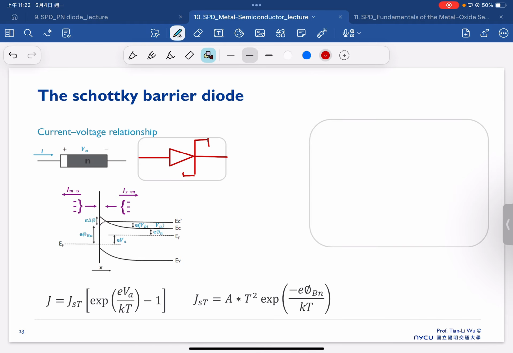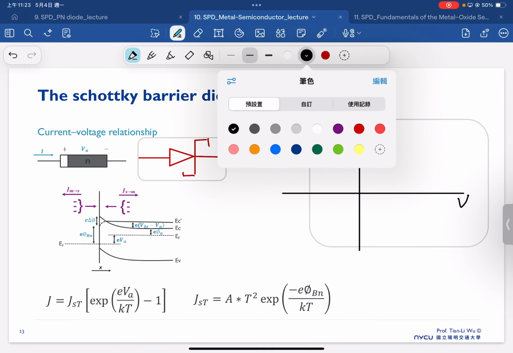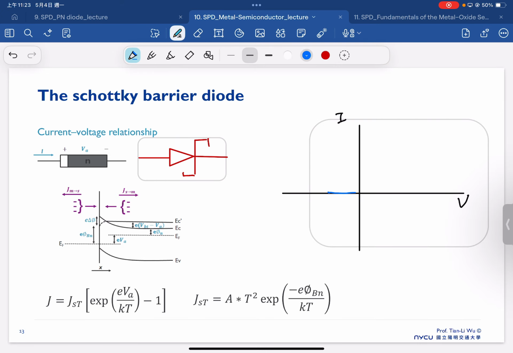This is the circuit symbol for the Schottky barrier, and if you compare the typical characteristics with the diode here, so this is the IV characteristic. We will have a typical Schottky barrier diode with this kind of characteristic.